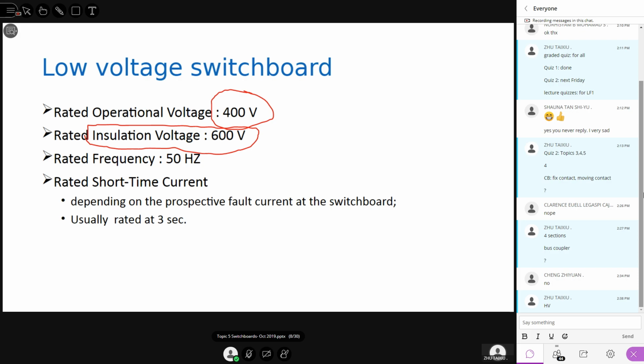And also the frequency. One more parameter for a low voltage switchboard is the rated short time current. This is very similar to the definition of short time current for a circuit breaker, which you remember from the previous topic. What does this mean actually?